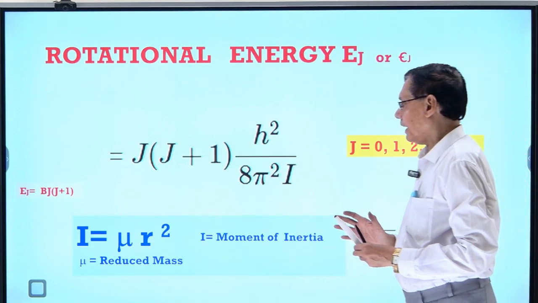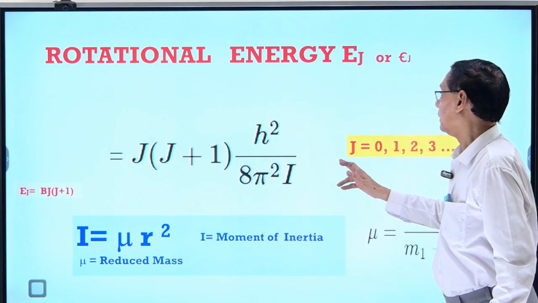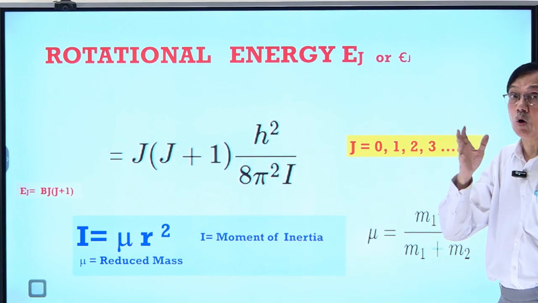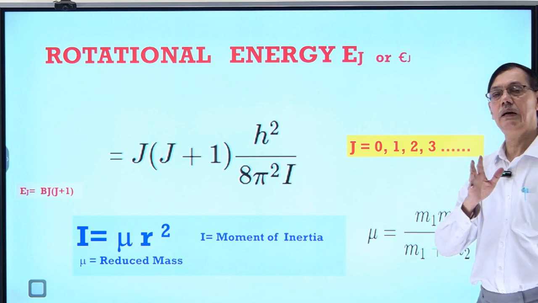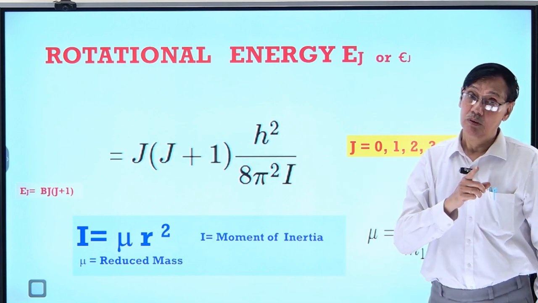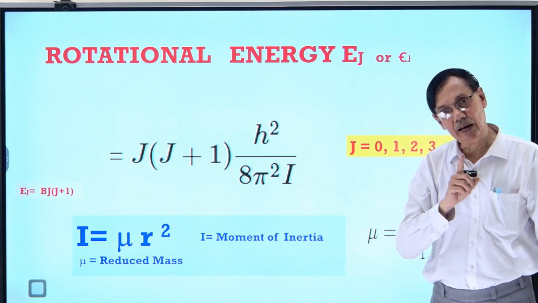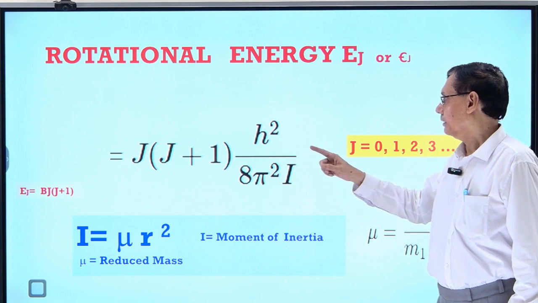Finally, derivation of the rotational energy is not required for the calculation of the rotational partition function, but when you study quantum mechanics, you have to derive it.